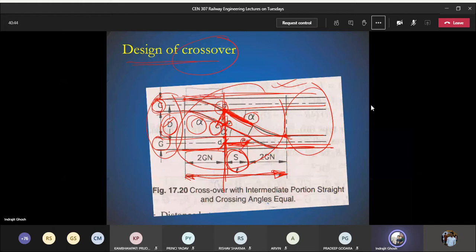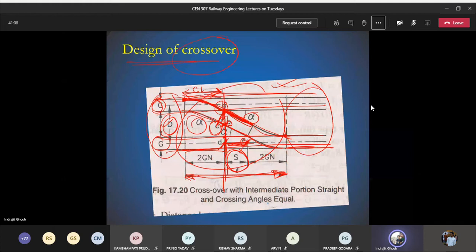So the distance we do not measure along the curve rail because those are bent. So we measure it horizontally. So this distance is known as curved lead. Curved lead is the horizontal distance between theoretical nose of crossing and the tangent point.